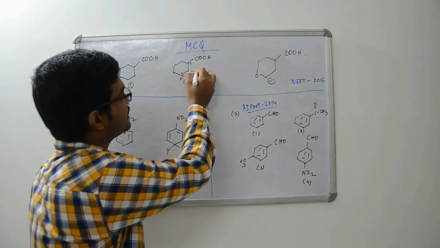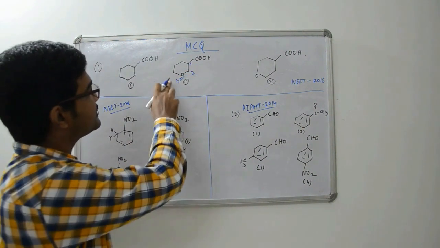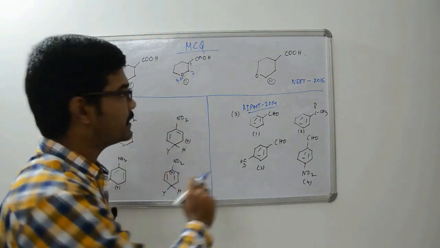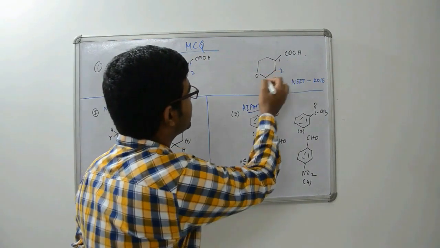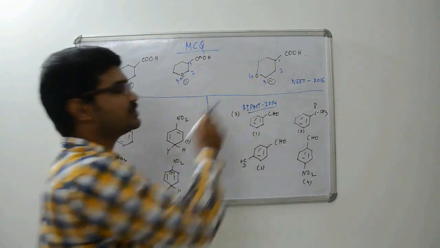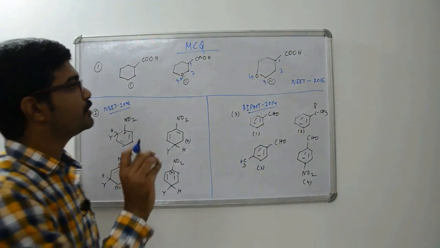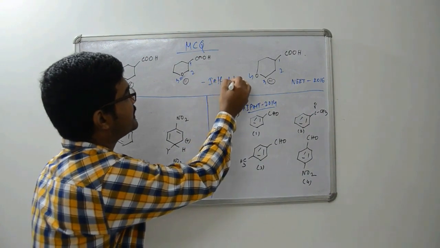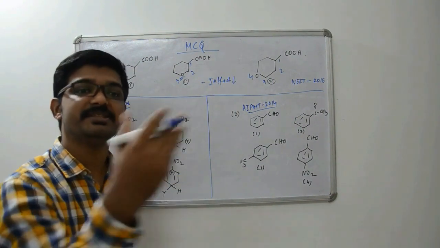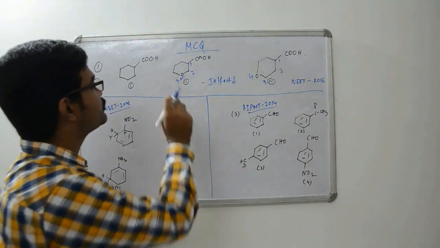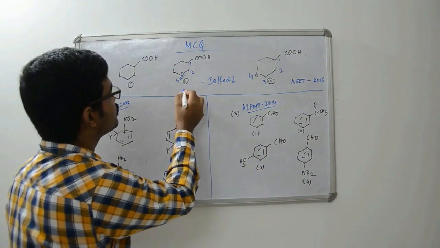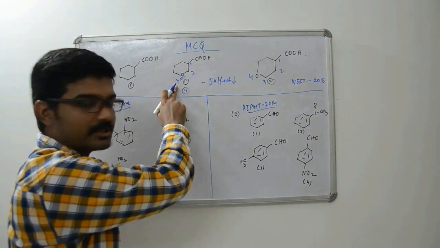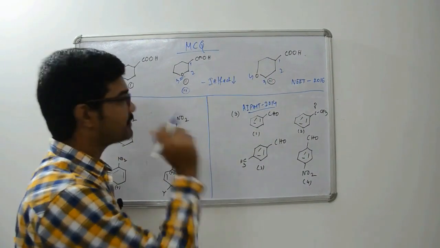Now let's see the position. Here it is in position number 3 with respect to this COOH group. Here it is in position number 4. We know that minus I effect decreases as the distance increases, right? So which will be the most acidic? 2 will be the most acidic, because here it is in 3 position and here it is in number 4 position.